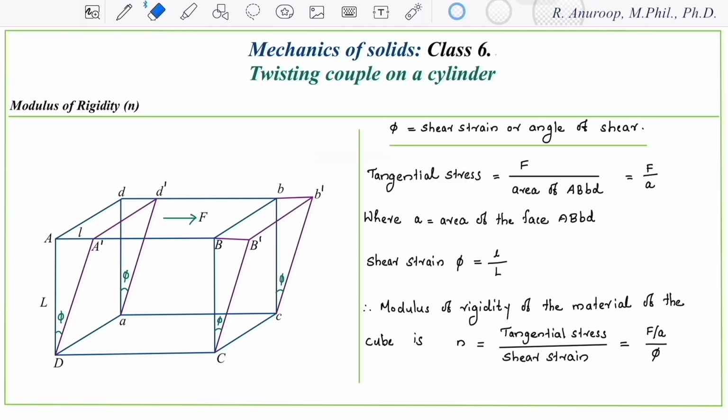Since phi is equal to small l by capital L, we can write the rigidity modulus n is equal to F by A divided by phi, and that is equal to F capital L divided by A small l. This is the expression for the rigidity modulus of the material of the cube, n is equal to F by A divided by phi. This is a very important relation.